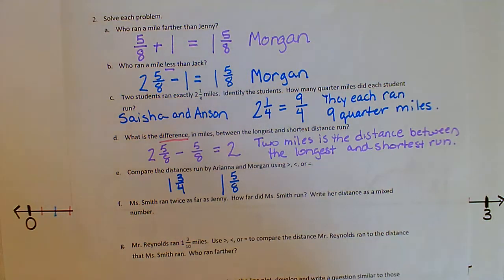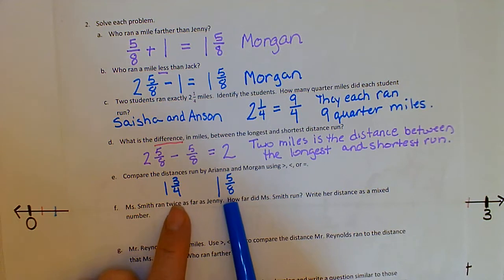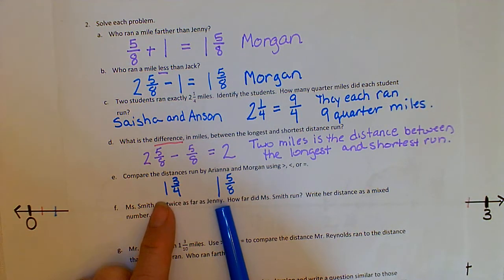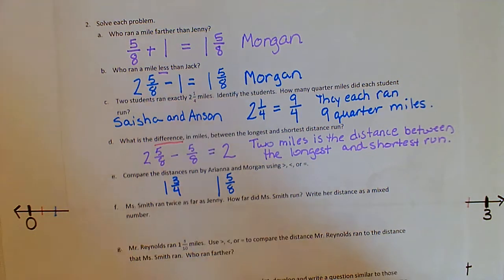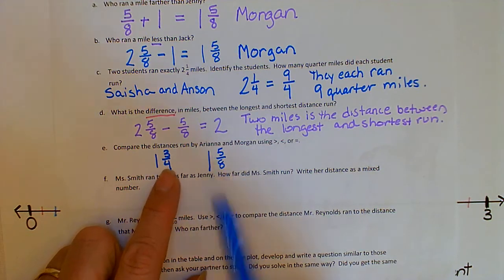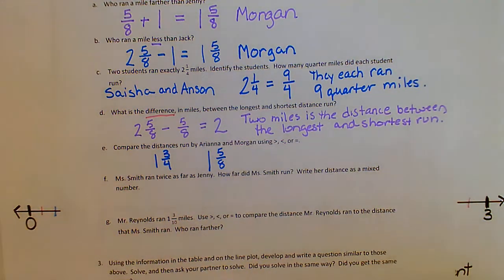What's really nice is that I don't have to mathematically convert these. I don't have to change fourths into eighths or eighths into fourths. Remember, when the whole number is the same, we can leave it to the side and work with the fractions when we have mixed numbers.